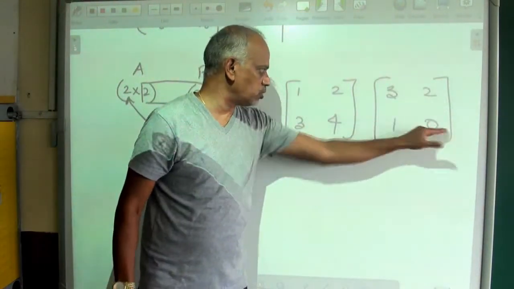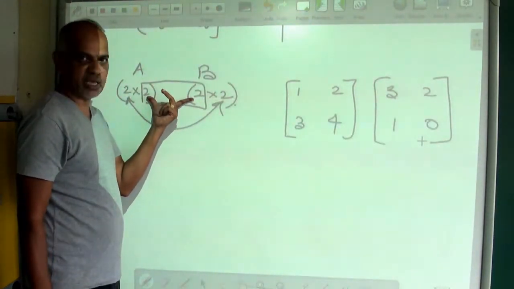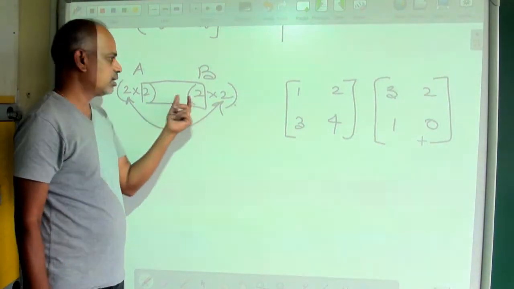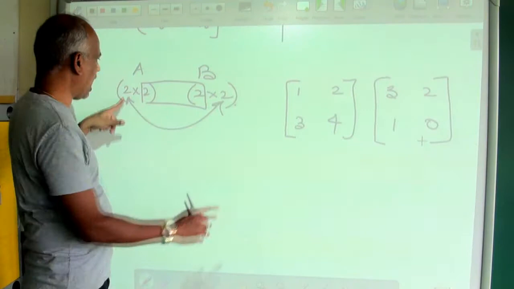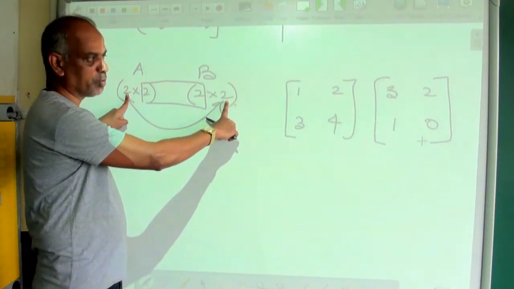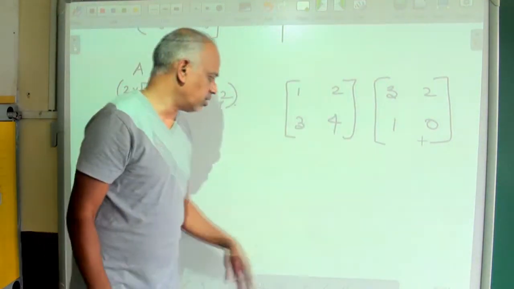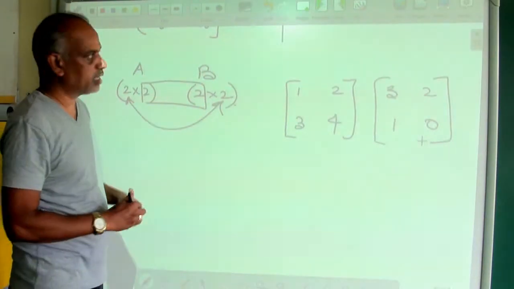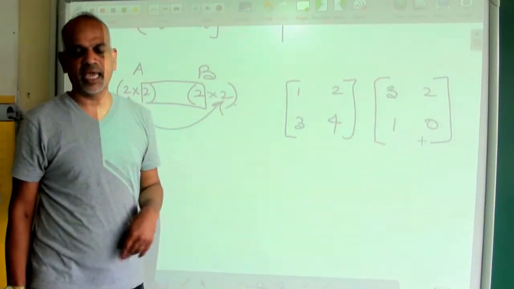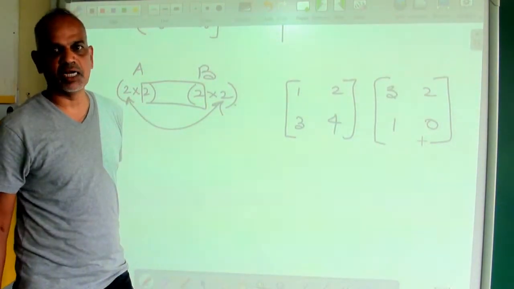And columns of the first matrix and rows of the second matrix are same. Therefore, you can multiply these two, and the answer will also be a 2 by 2 matrix with 4 elements. Only if the matrices are different in order, then it is necessary for you to check whether you can multiply or not.